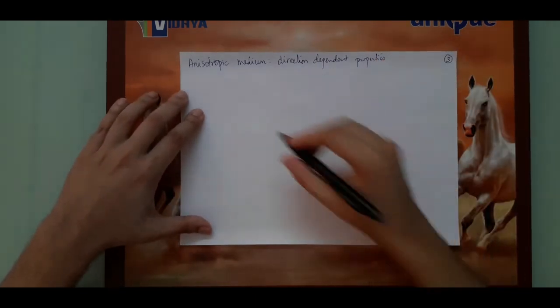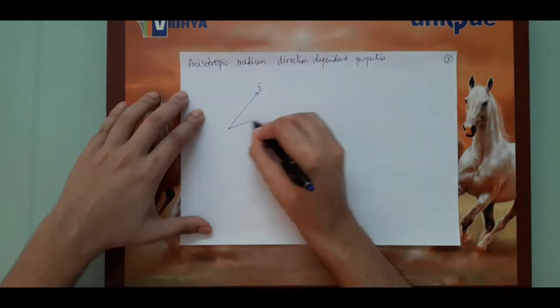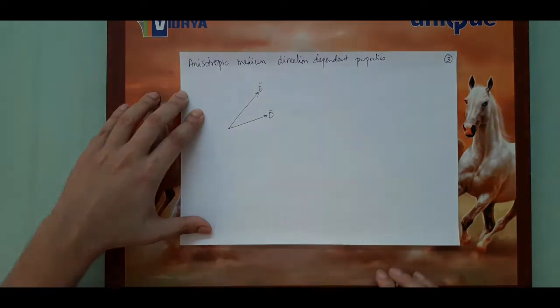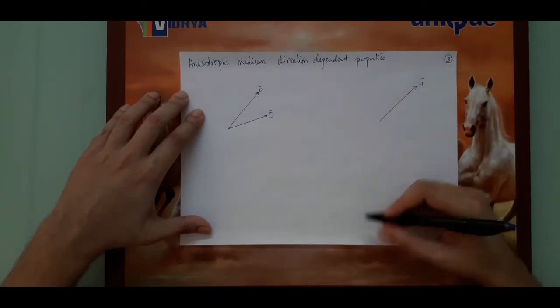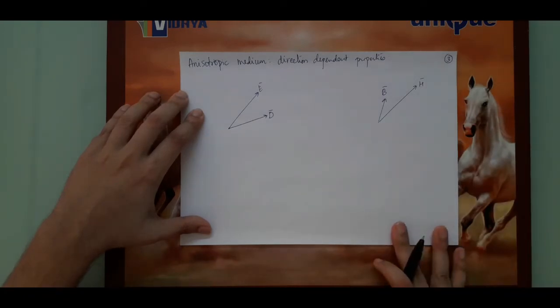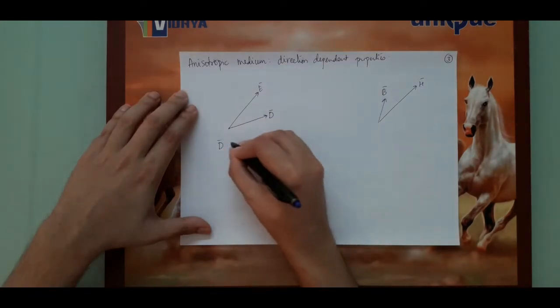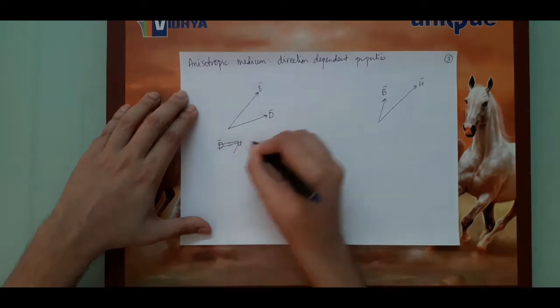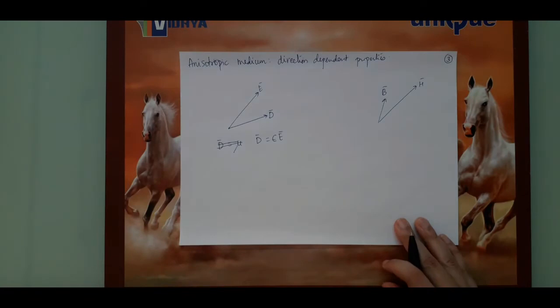Which means that if my electric field vector is E, it may be possible that my D can look like this also. Or if my magnetic field vector is H, my B can look like this also. Now this is called an anisotropic medium. So now the relationship, suppose I am writing the relationship for the electric field and the flux density.